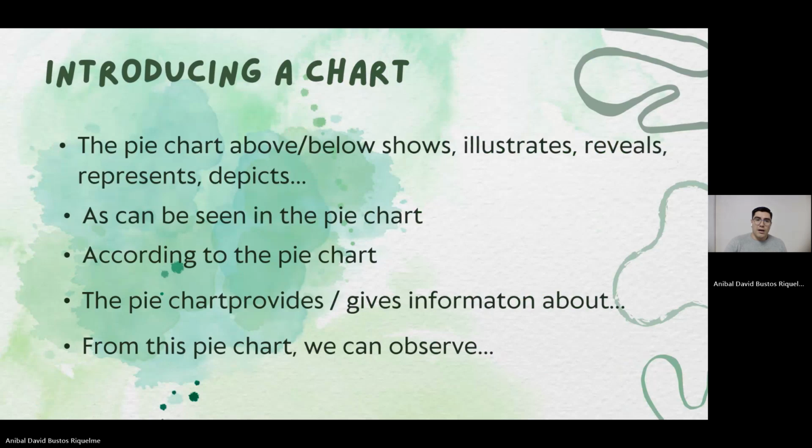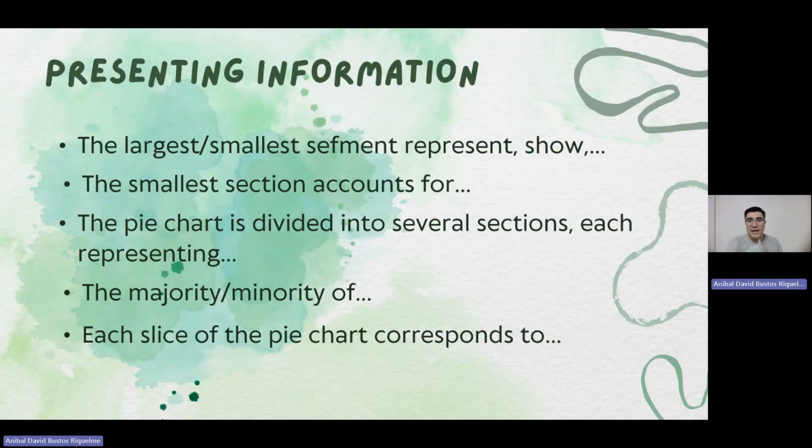Yeah? This is the introduction. Generally, we give a phrase or a sentence to start the description, and then we present the information. We can say, for example, the largest segment represents, el segmento más grande representa, or the smallest segment represents, el segmento más pequeño representa, or shows, muestra.